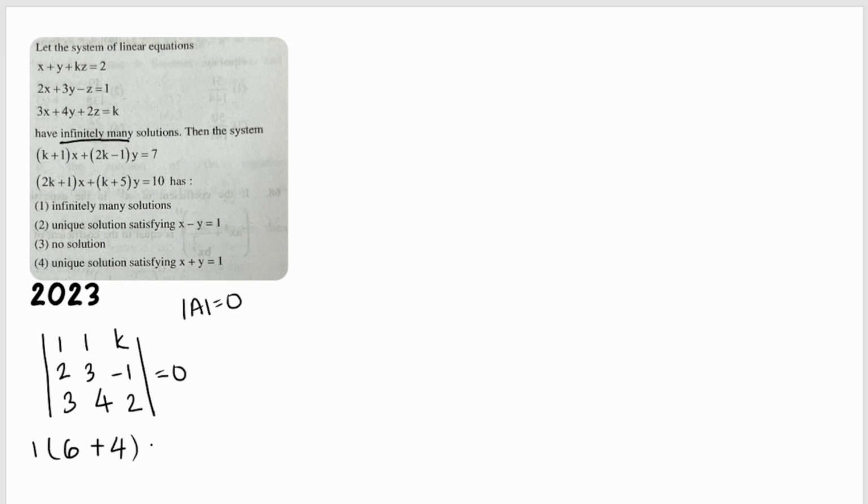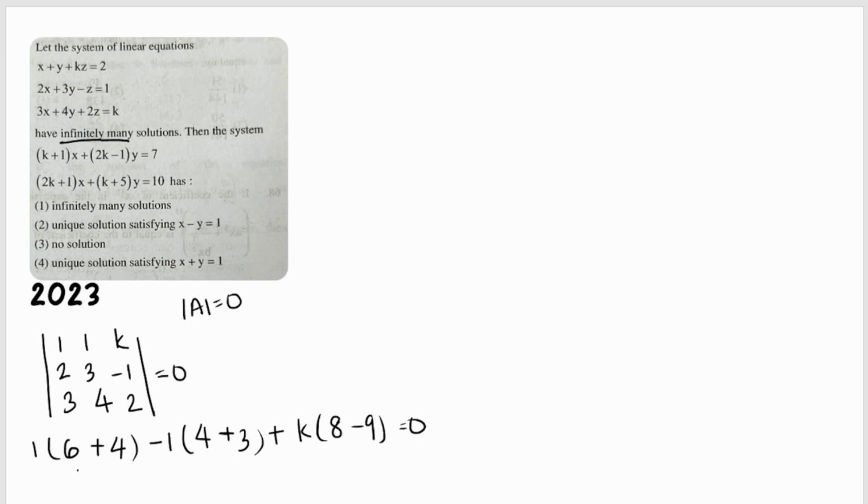So plus 4, minus 1, and 2 into 2 is 4, 4 minus of minus 3 is plus 3. Then you have plus k, 2 into 4 is 8, 8 minus 9 equals 0.